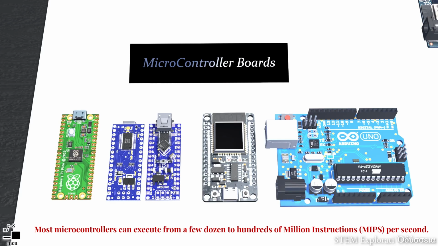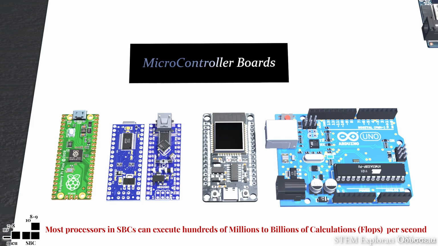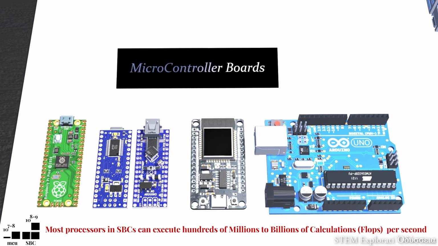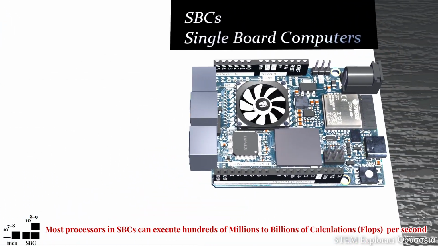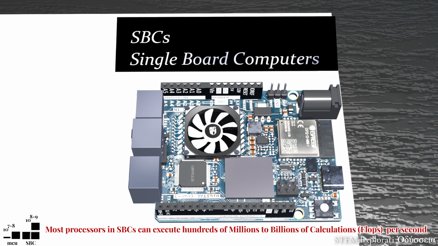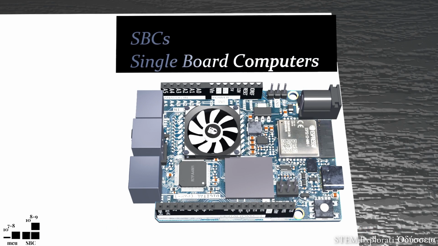But it's nowhere near the processing muscle you'd need for things like playing high-definition video or doing complex calculations. And that's exactly where single-board computers step in. They give you much more processing power while still staying compact. A high-end SBC can process up to a few billion instructions per second. So, for example, if you needed to do high-resolution video stream encoding or decoding, that would firmly be in the domain of SBCs.